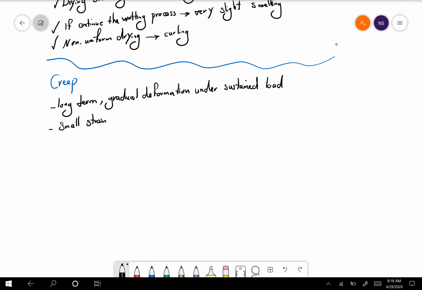So even though it is a small strain, it transfers load from the concrete to the steel rebars, the steel reinforcement. Okay.